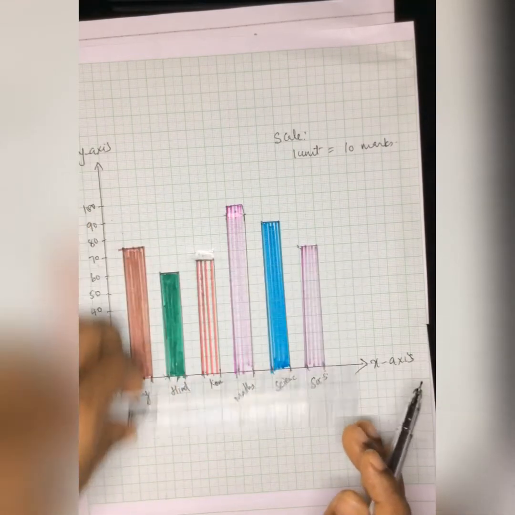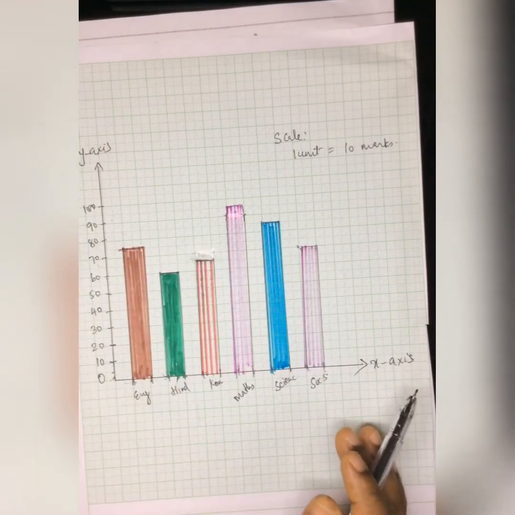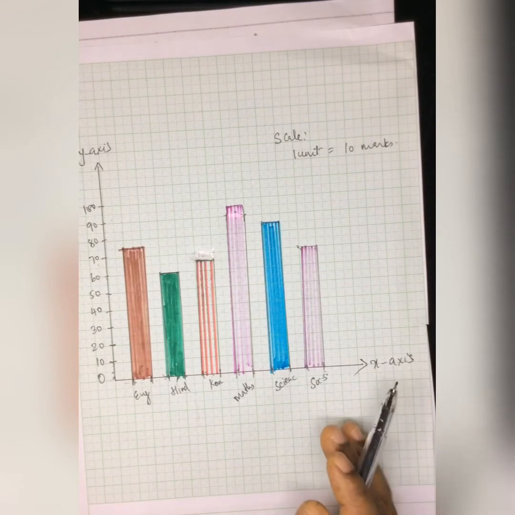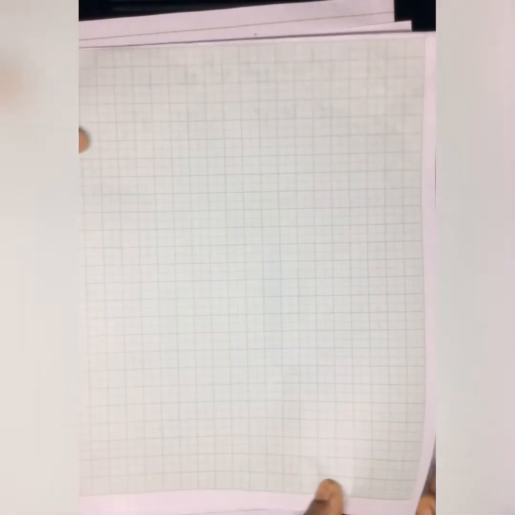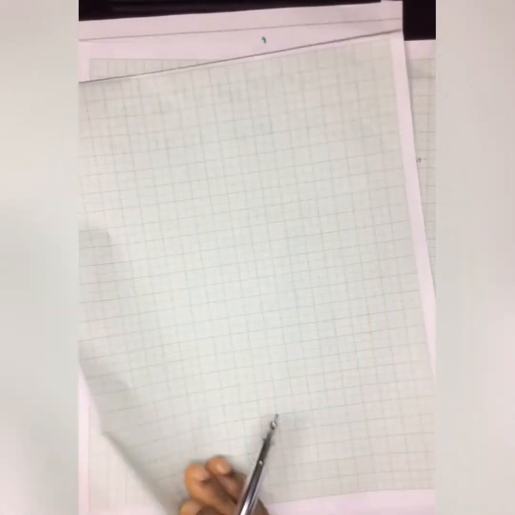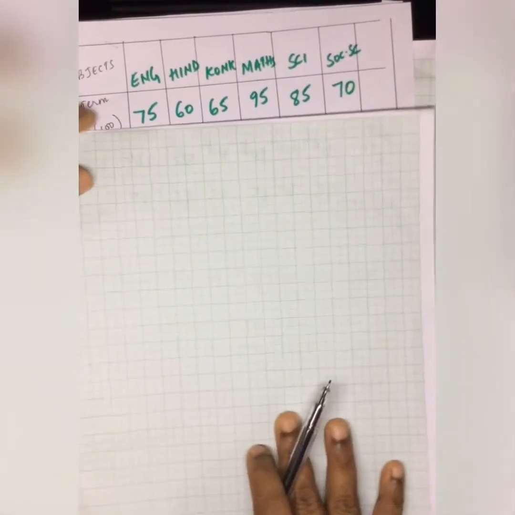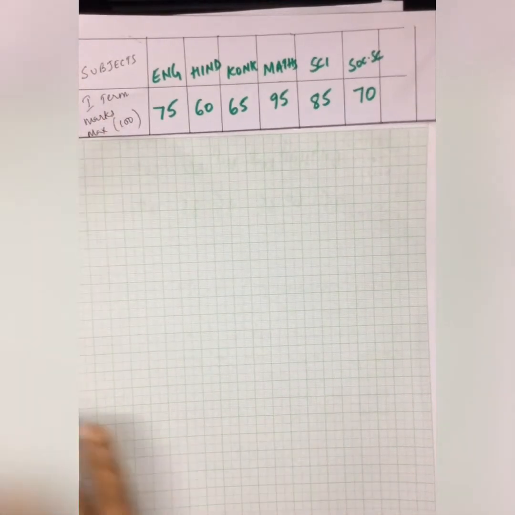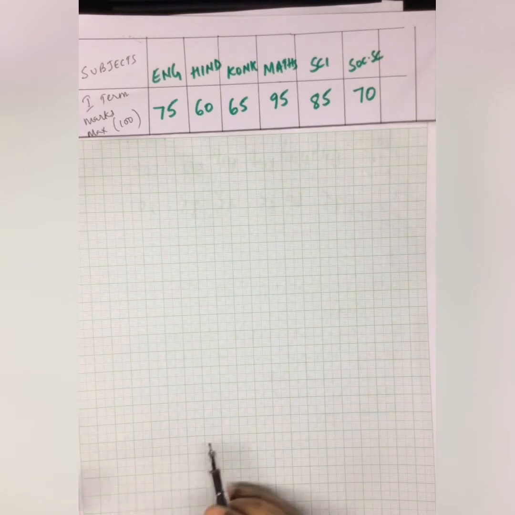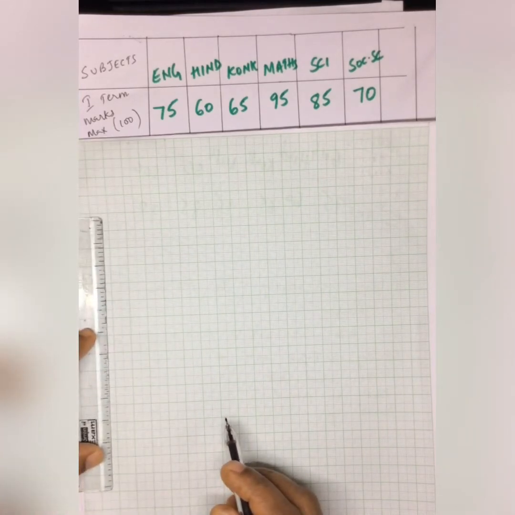So here let us learn how to plot. First take the graph page. Now here is the data given to you. Take the graph page and take a pencil. Now I have taken a pen so that it becomes visible on your graph.